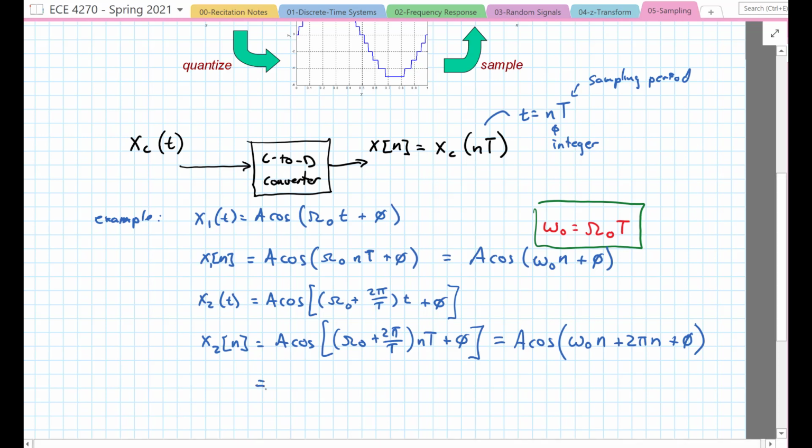Well, we know that anytime you add 2 pi to the argument of a cosine, since it's periodic with a period of 2 pi, you get the original signal back. So this is just equal to cosine of omega naught n plus phi. Cosine is periodic.